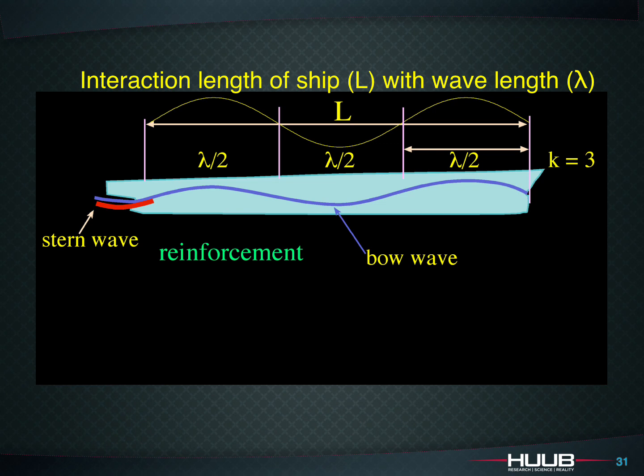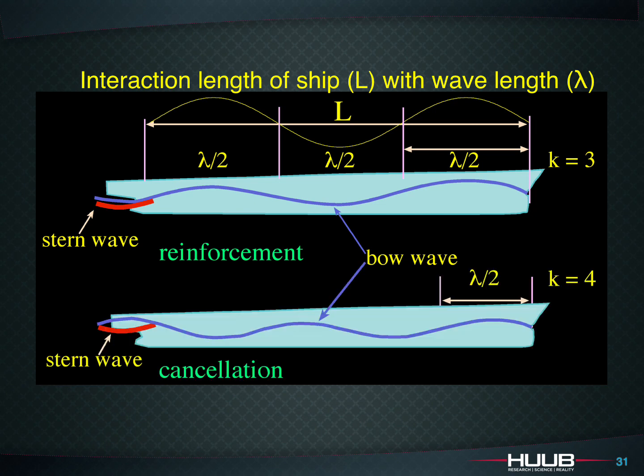And so here is a length of ship L with wavelength lambda. And you see that the bow wave traveling along the length of the ship eventually reaches the stern wave, and there the stern wave and the bow wave have the same movement.